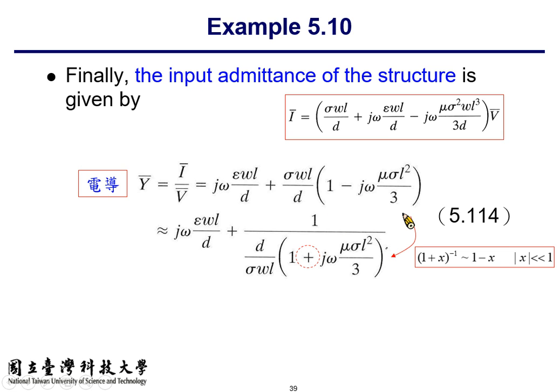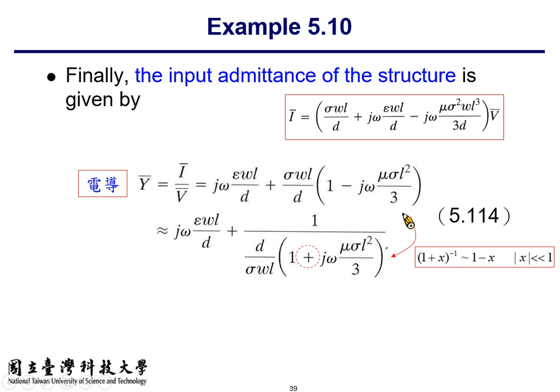This thing can be approximated. From the equation at the top right corner, it's equal, but this is approximated. Under what condition? Under the condition that this is a small number, which is true in general.